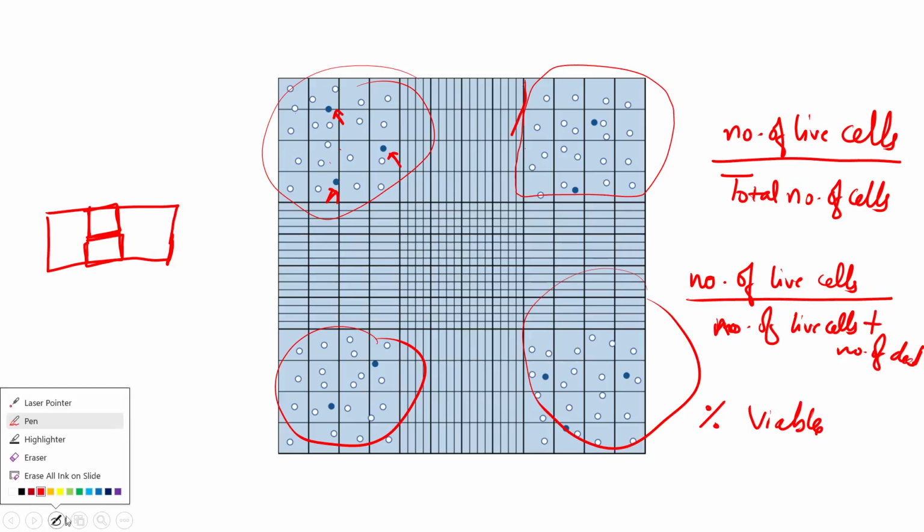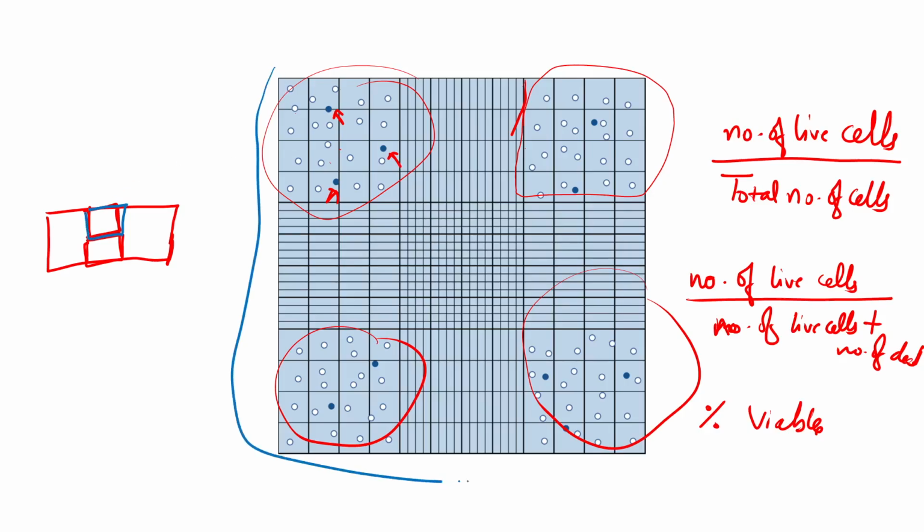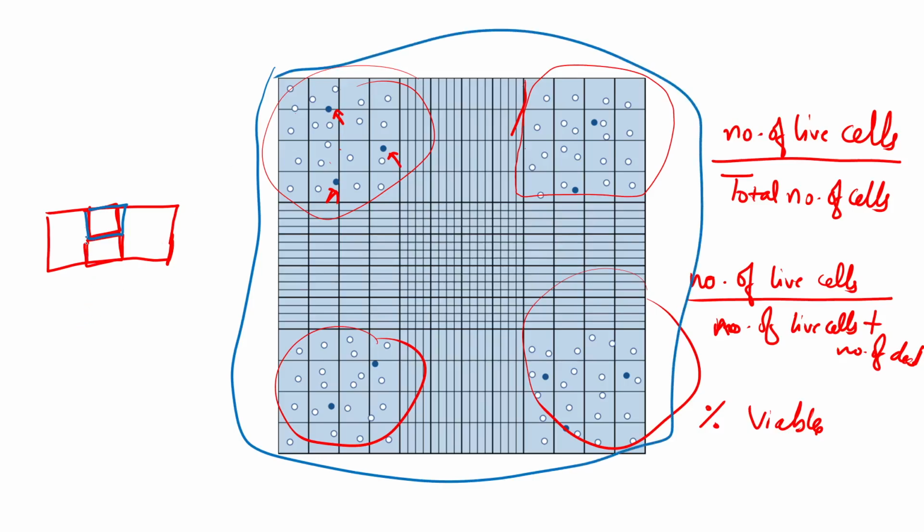I'll use some other color for you to understand better. The whole big box is made here on the slide. This grid is already etched on the slide, and then you can add your sample from this point.